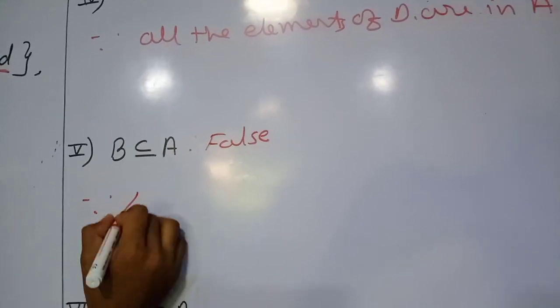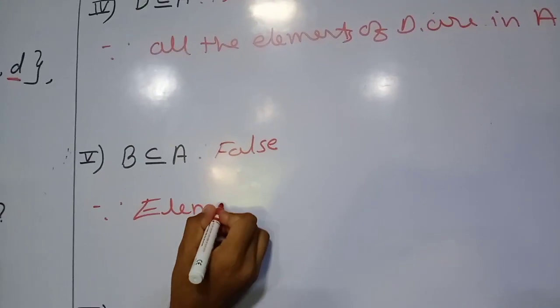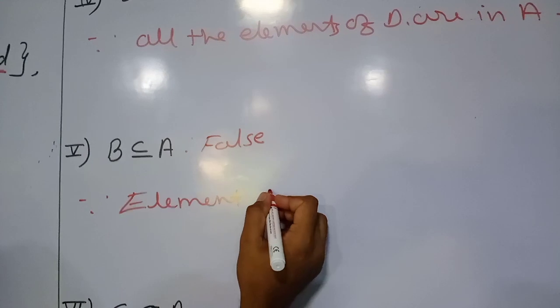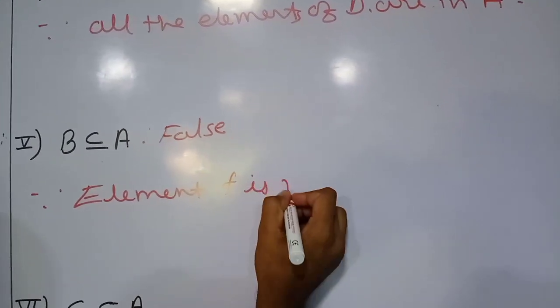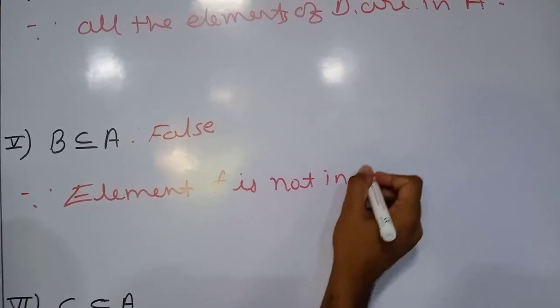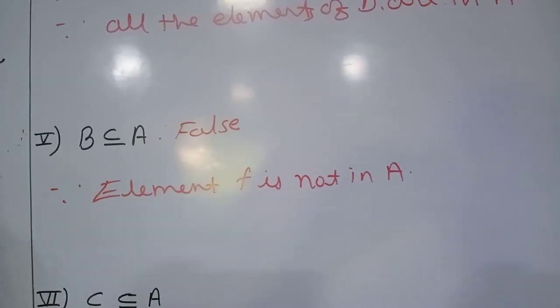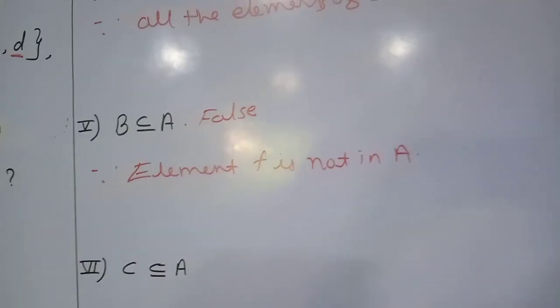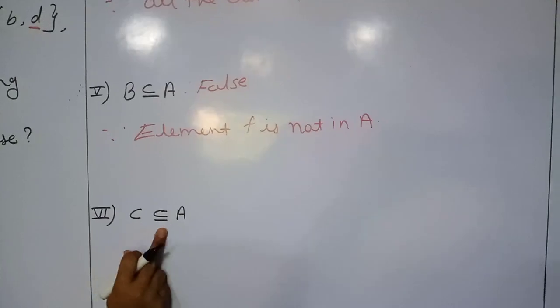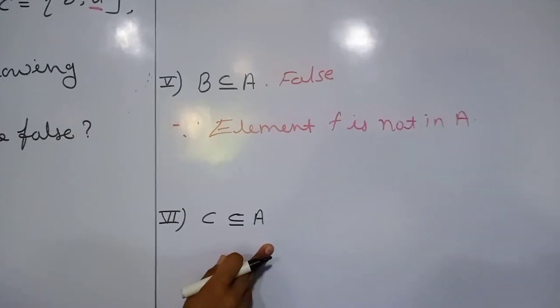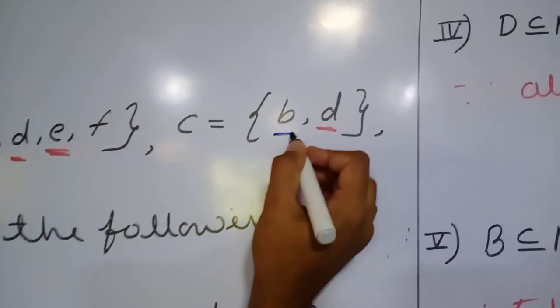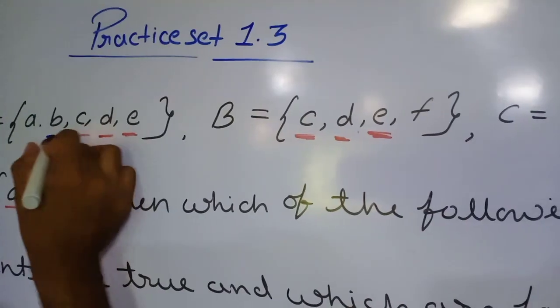Why? Because F is not in A. Therefore it is a false statement. The next one is C is a subset of A. Let's check. Here we have the B and here also we have B.